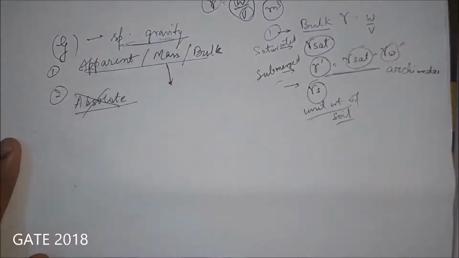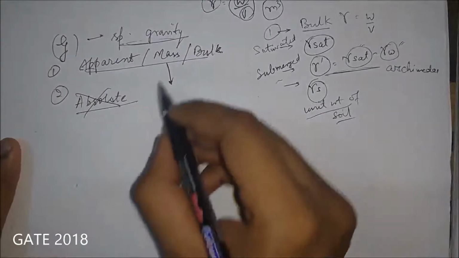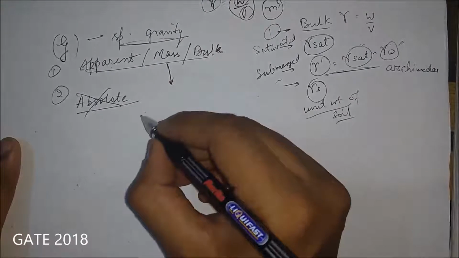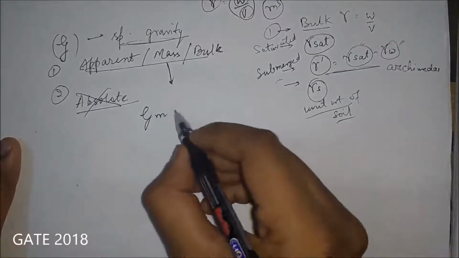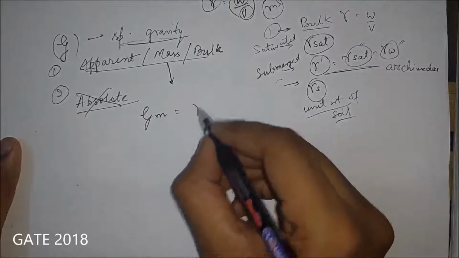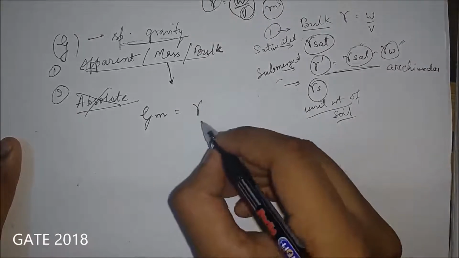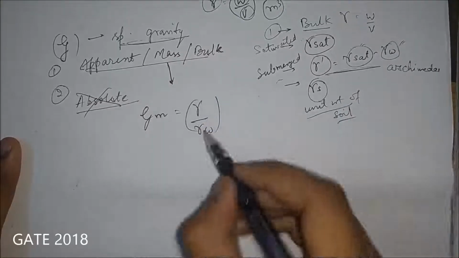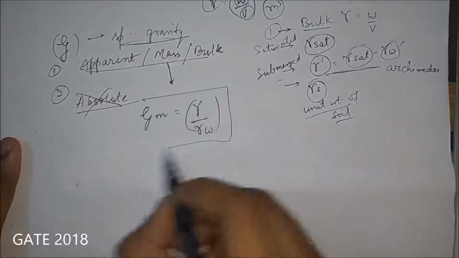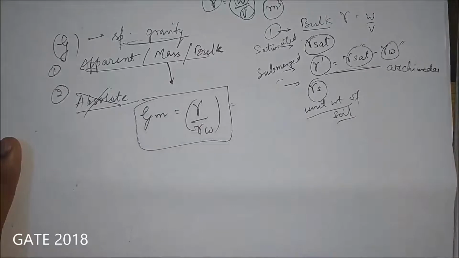Apparent, mass or bulk specific gravity is given by Gm. Gm is the unit weight of the soil to the unit weight of the water or standard fluid. This is specific gravity's standard definition.